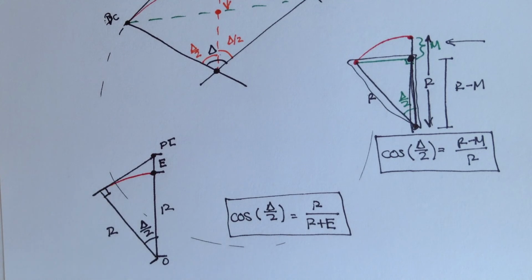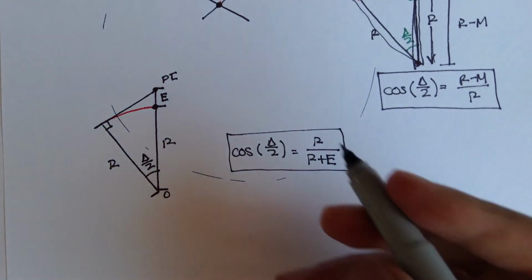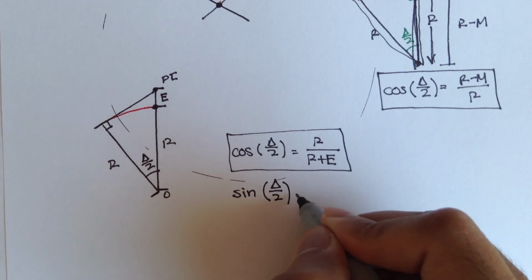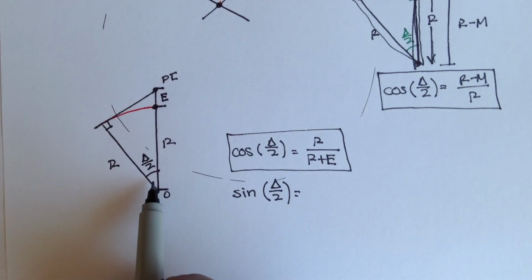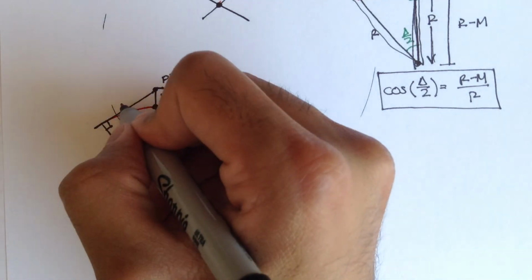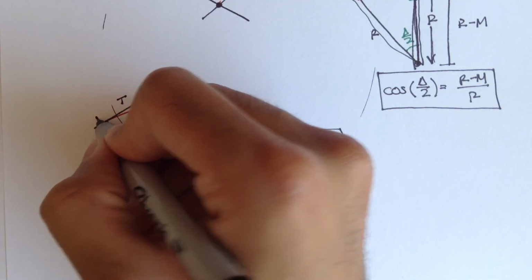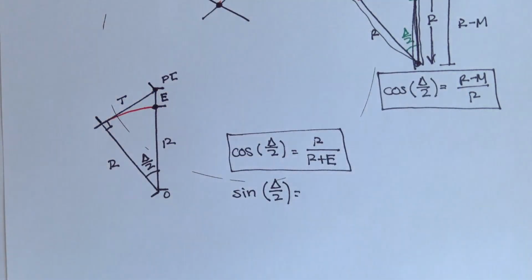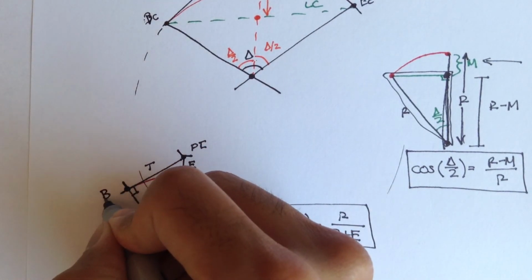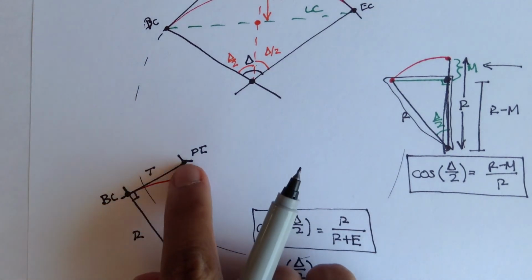For the second formula, sine of delta over 2 uses the opposite side, and the distance from here to here is T, the tangent, from the BC, the beginning of curve, to the point of intersection.